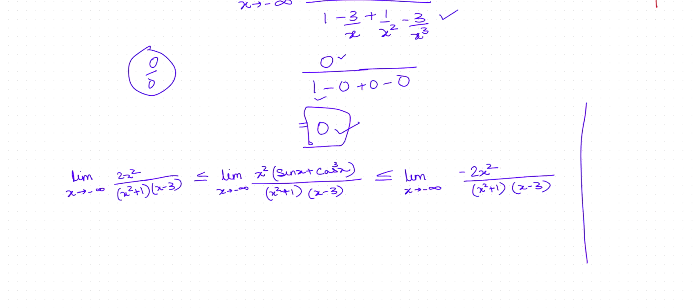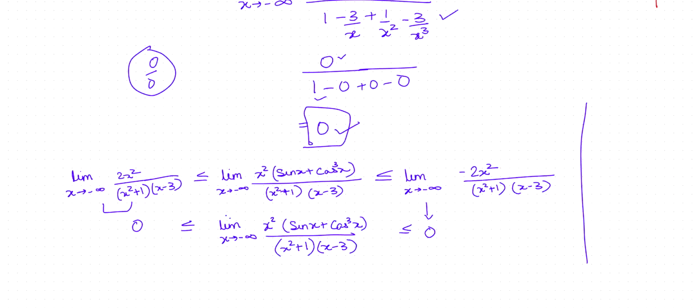So we see that now we can substitute the values. This limit we got as 0 and this limit we got as 0. So the limit of the function given in the question is greater than or equal to 0 and less than or equal to 0.